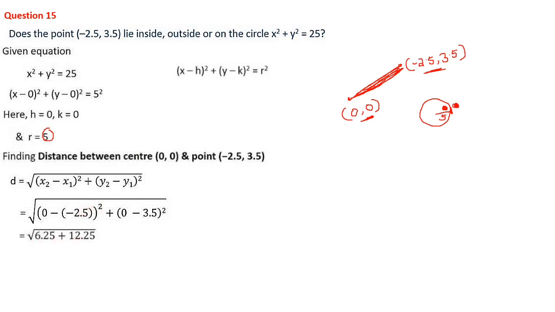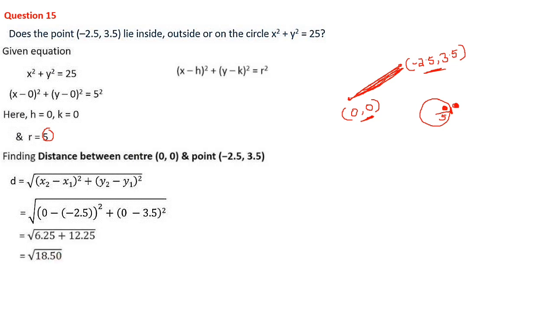Plus 3.5 squared: we know 35 squared is 1225, so 3.5 squared is 12.25. When we add these two, we get 18.50. Suppose you don't know how to calculate the square, then just multiply and write. It's not an issue.